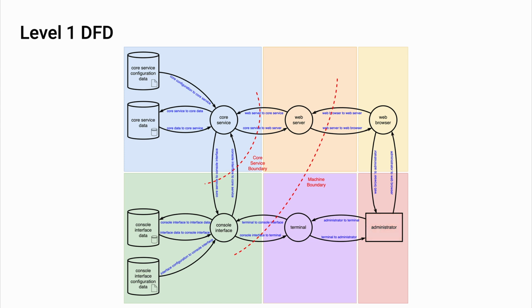Now, we don't know that this is an administrator. They're just an external user, but for the purposes of this example, we'll call them an administrator. One of the first things of note is the translation of our data stores. Because we have only one DFD symbol that we use for all resources, there's an adornment on that symbol that shows at a very high level whether we're dealing with structured or unstructured data.